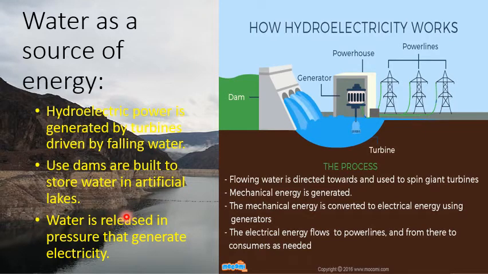Water is released under pressure and generates electricity. You can see that there are generators which are started by the pressure exerted by the falling water.